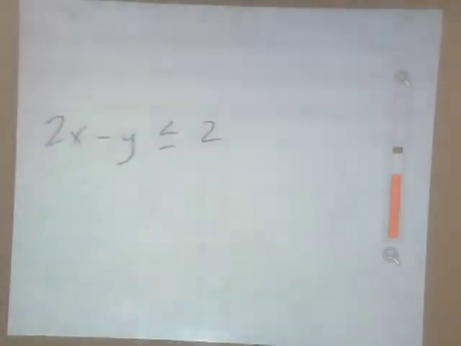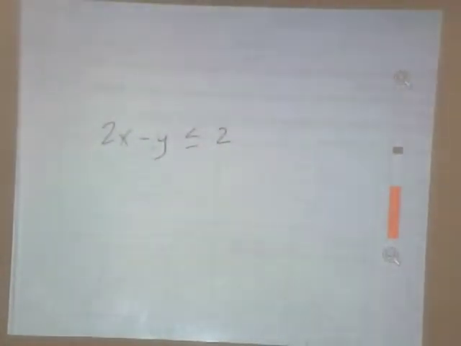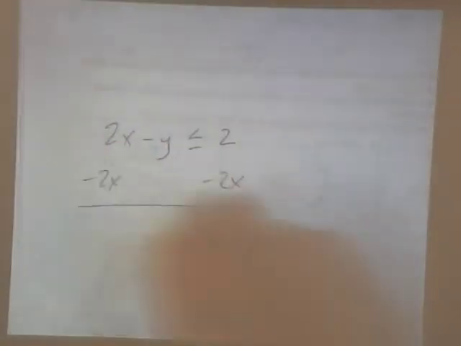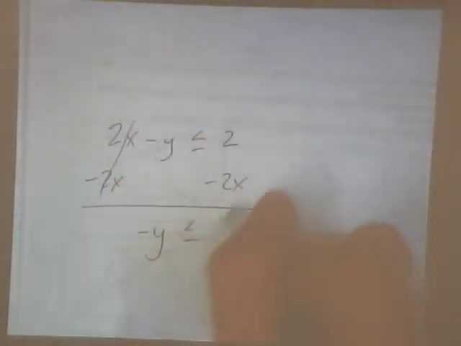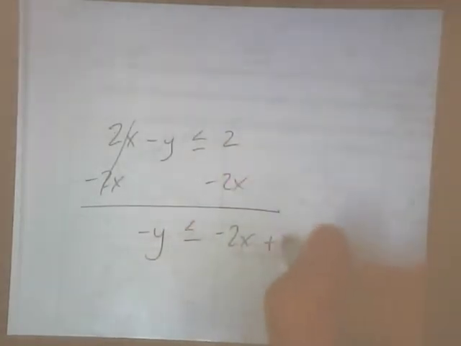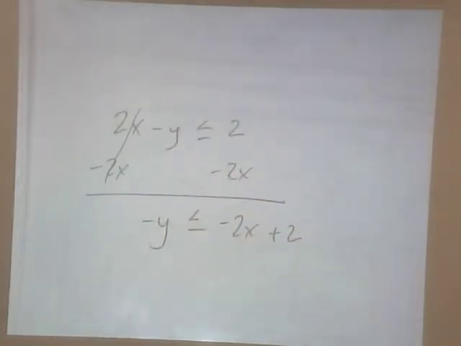So we've got 2x minus y is less than or equal to 2. I want to get the y by itself on the left. So I'm going to move this 2x over. I'll subtract 2x from both sides. So I got negative y is less than or equal to, I can't combine these, negative 2x plus 2. And then I'll divide everything by -1.